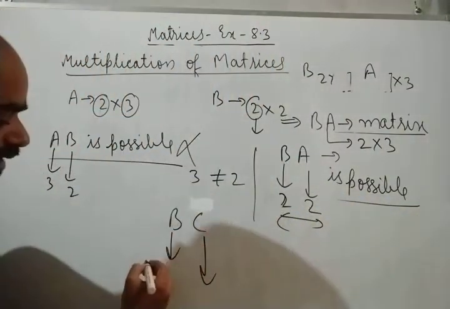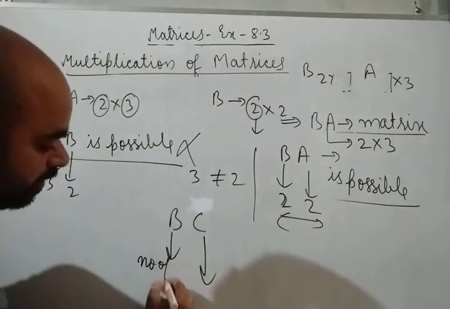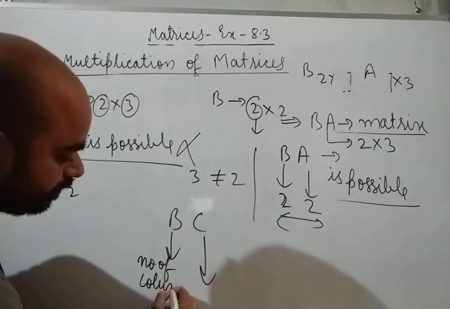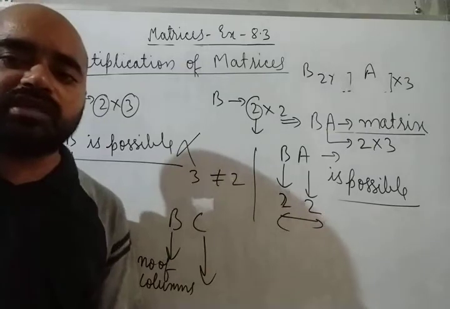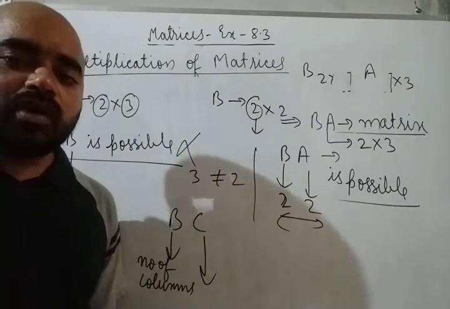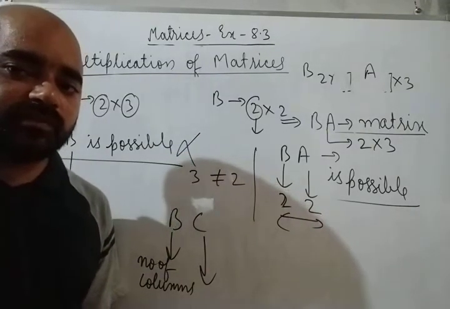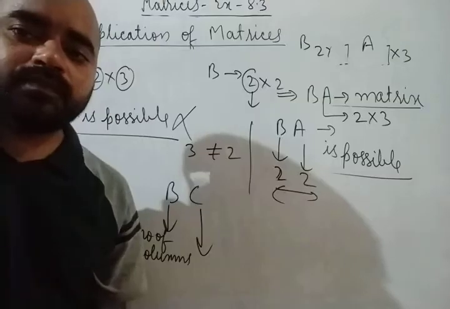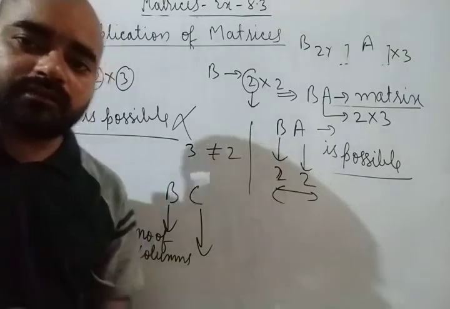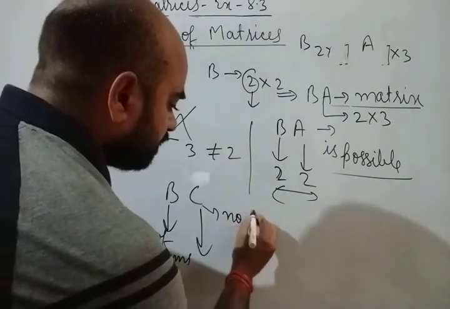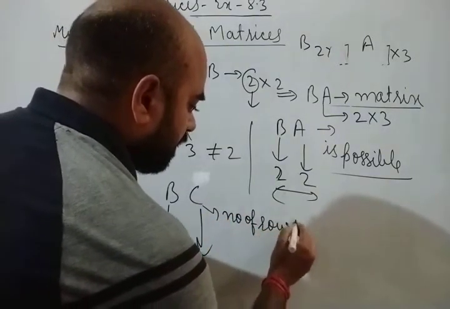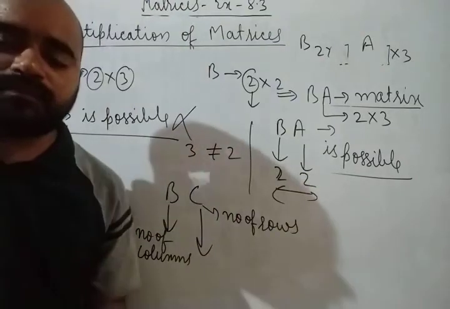The number of columns in the first matrix must be equal to the number of rows in the second matrix. So in the first matrix we check the number of columns, and in the second matrix we check the number of rows.